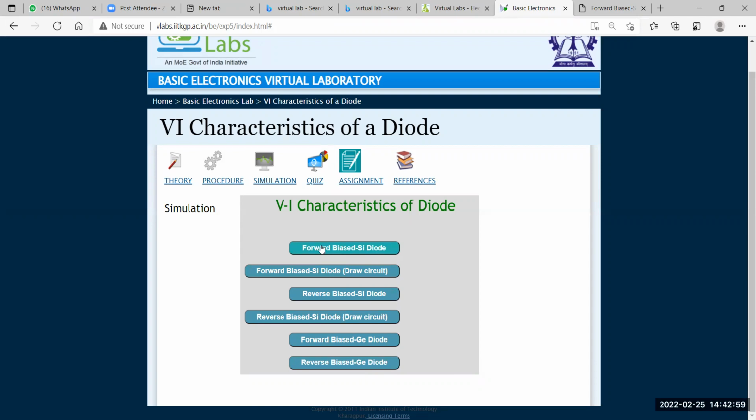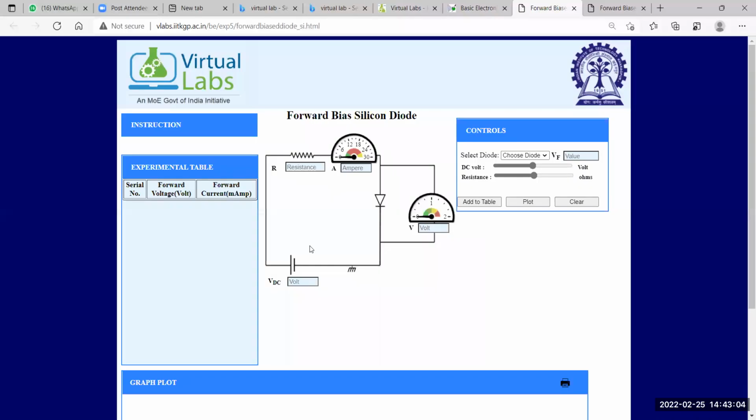First we go through the forward bias silicon diode. This is the circuit diagram, and I will discuss in this class how we will implement every component.